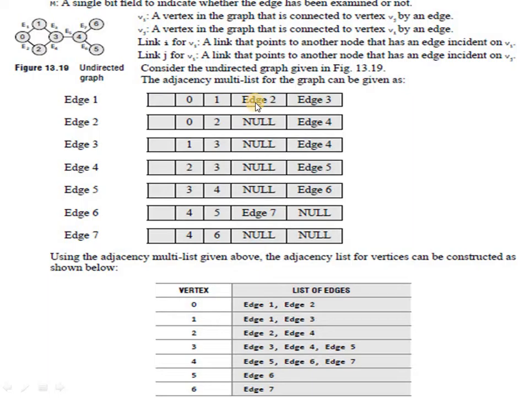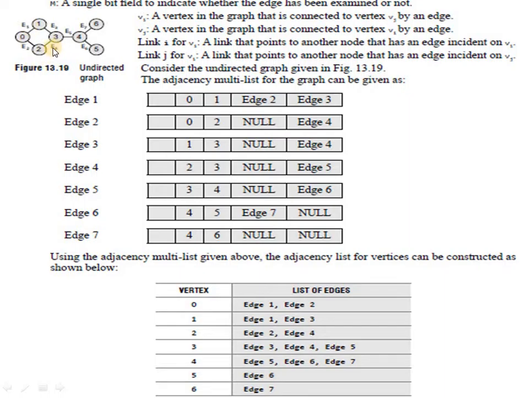So for edge 1 we have edge 2, and the new edge is edge 3. Then for edge 2 we have the starting node 0 and node 2. The nodes for E2 are 0 and 2.